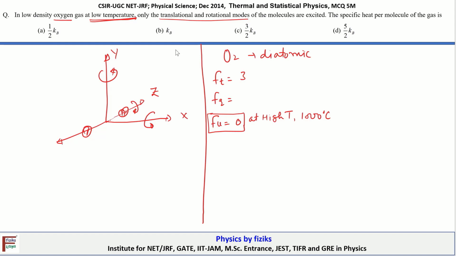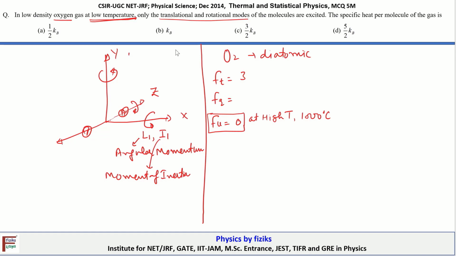The rotational energy for this gas molecule can be written in terms of the corresponding angular momentum L1 along the x-axis, and also the moment of inertia. Here L1 corresponds to angular momentum, and I1 is the moment of inertia along the x-axis.